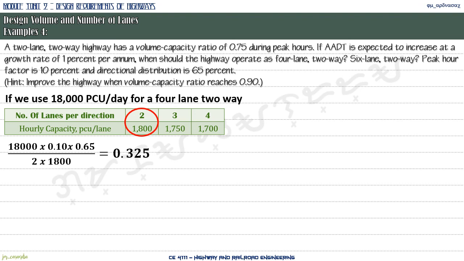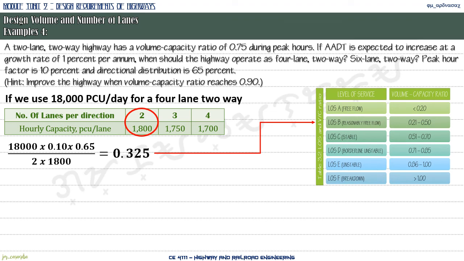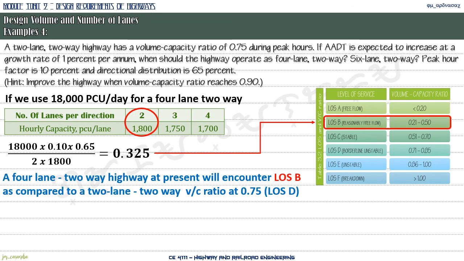So we'll now be arriving at a volume capacity of 0.325, which is equivalent to an LOS B, which is between 0.21 to 0.50 from our table. So this means that a 4-lane two-way highway at present will encounter an LOS B as compared to the present 2-lane two-way, which is experiencing a volume capacity ratio of 0.75, which is LOS D.